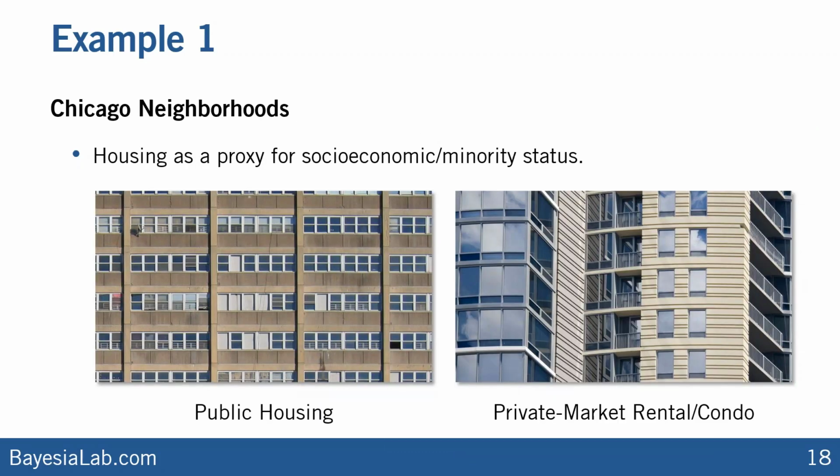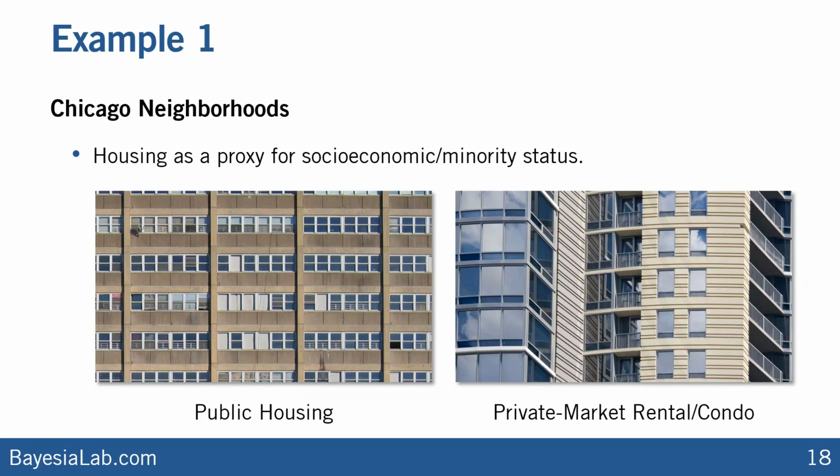And you may perhaps wonder, why housing? Why is that important? Well, they are using that as a proxy for socioeconomic and minority status, public housing versus private market rental or condo.